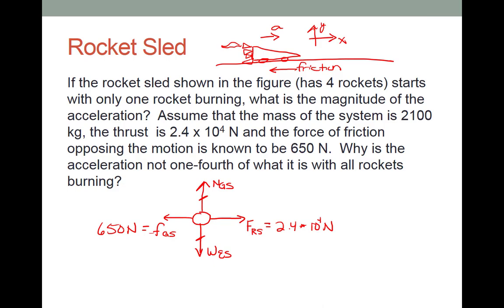So taking all of this information, I can now find the acceleration for the sled when one rocket is burning. To do that, I'm going to use F net equals ma, and this is only in the x direction, so if you want to put an x here to indicate it, you can. I'm going to rewrite that in terms of the forces on the sled.